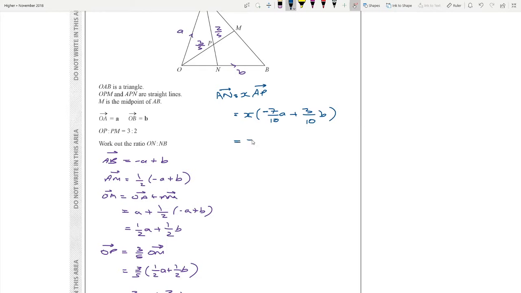You're going to get minus 7/10 of AX add 3/10 of BX. Okay, this is important, so I'll highlight this for now as well.